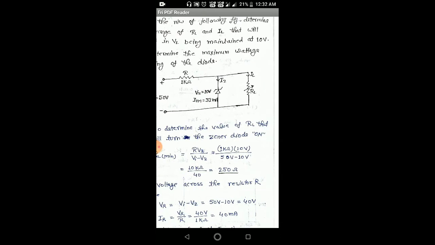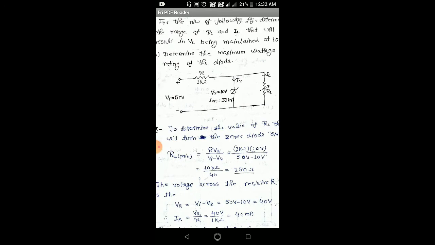Here the load is variable. So to determine the value of RL that will turn the Zener diode on, RL minimum equal to R into Vz upon Vi minus Vz. So put the values and we find RL minimum equal to 250 ohm.